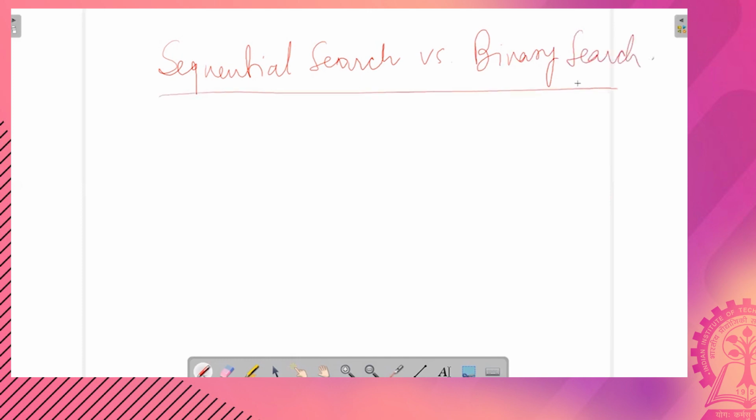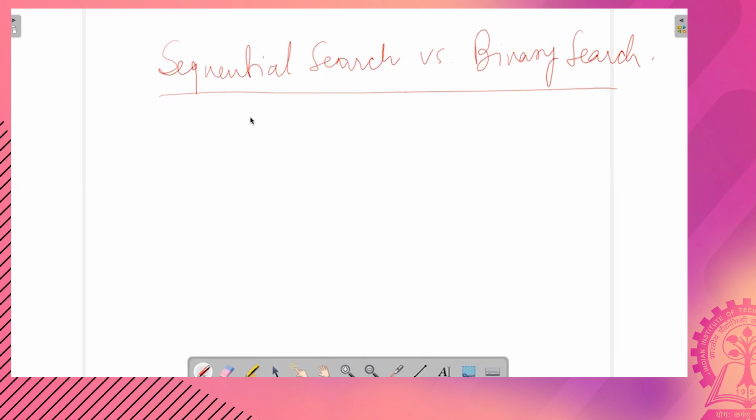Okay, so in order to get a notion of the efficiency of an algorithm, we will try to get an idea of the differences between the sequential search technique and the binary search technique.